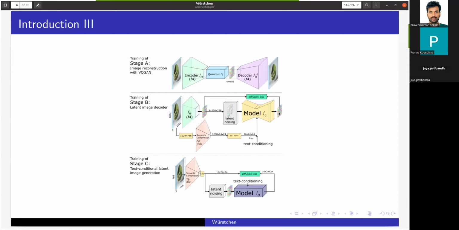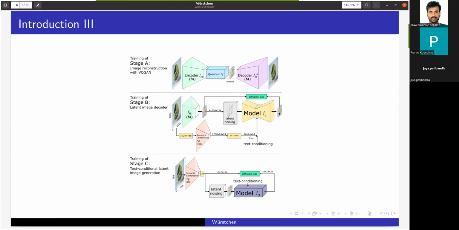Because we need those 24 dimensional embeddings during the inference. So those are generated through model F theta, that is the stage C diffusion model, right? So this is the whole training process of the Würstchen architecture.